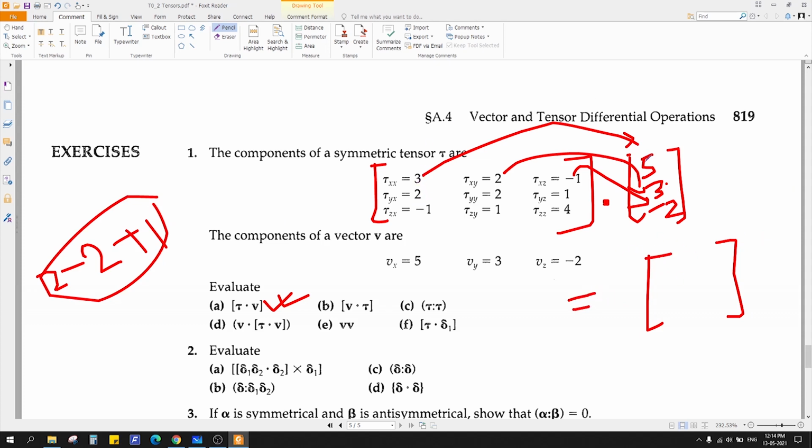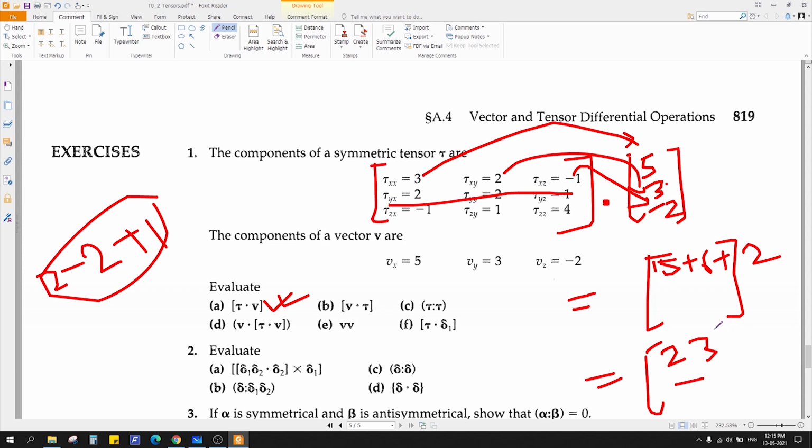So 3 into 5, 15, plus 3 into 2, 6, plus minus 2 into minus 1, that is 2. So what is the output? 15 plus 6, 21. 21 plus 2, 23. And similarly, you can get the second by doing the same multiplication and summation, right?